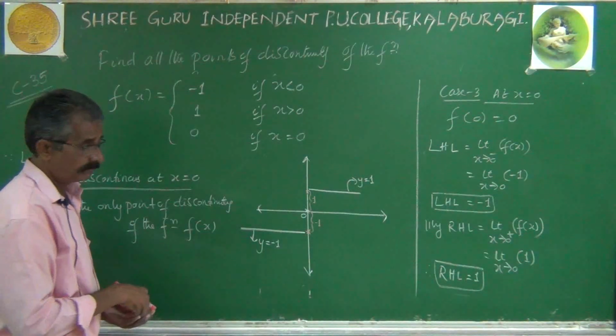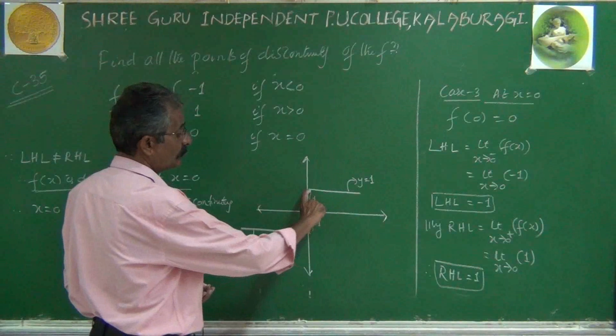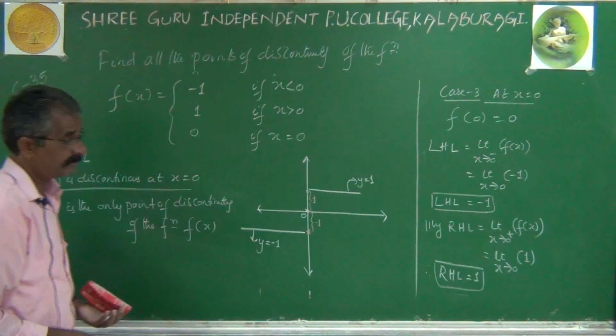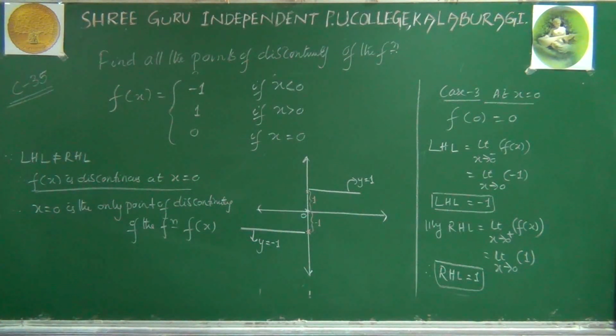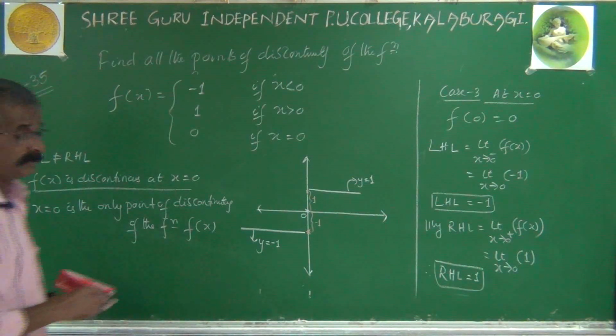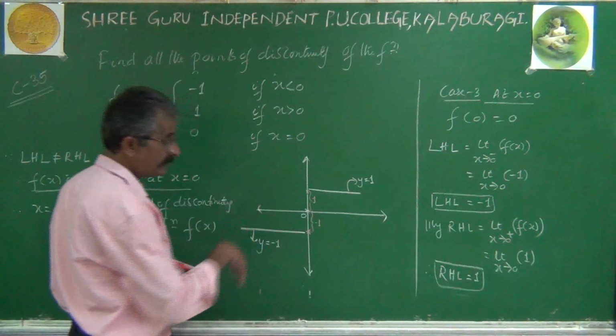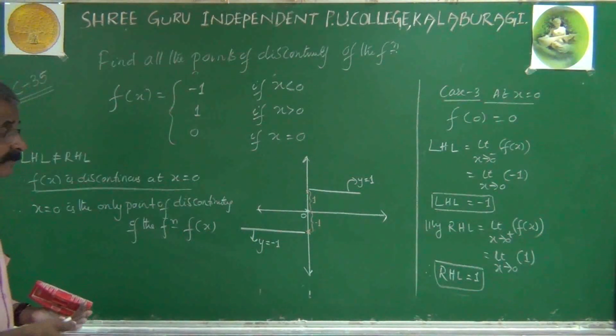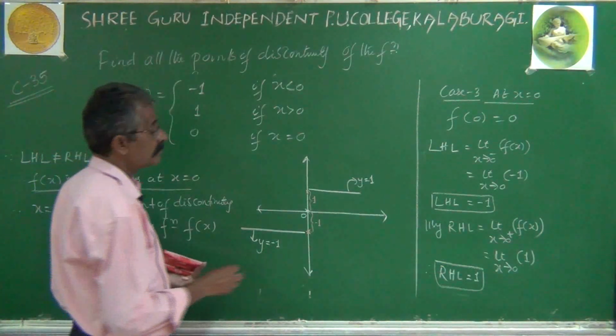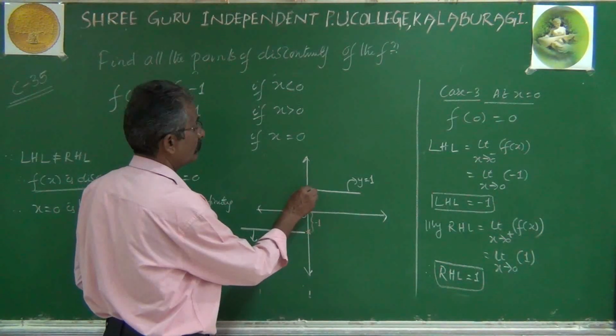But these graphs do not coincide with one another. That's why it is discontinuous at x equal to 0. Continuous for x less than 0, continuous for x greater than 0, and discontinuous at x equal to 0.